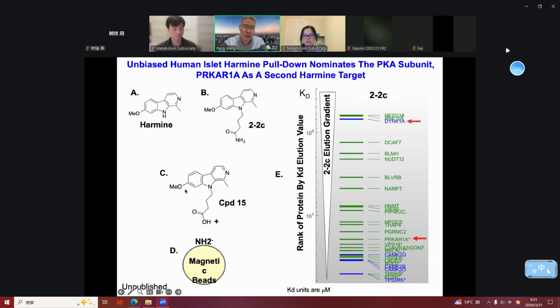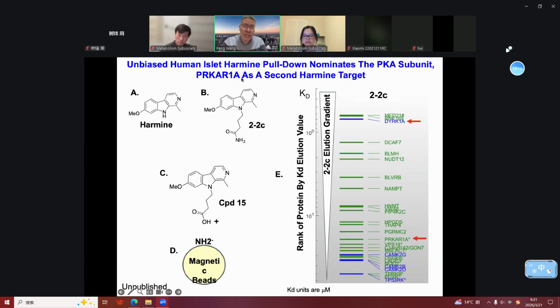In this way, the modified harmine can still drive human beta cell proliferation and beta cell function, which we tested in human islets. But this linker can bind to magnetic beads. So with this modification, we can pull down islet proteins that interact with this compound.